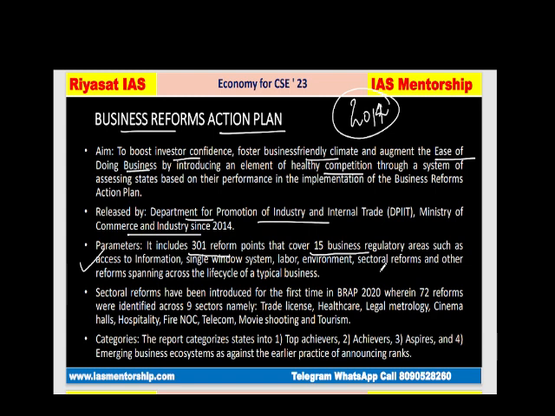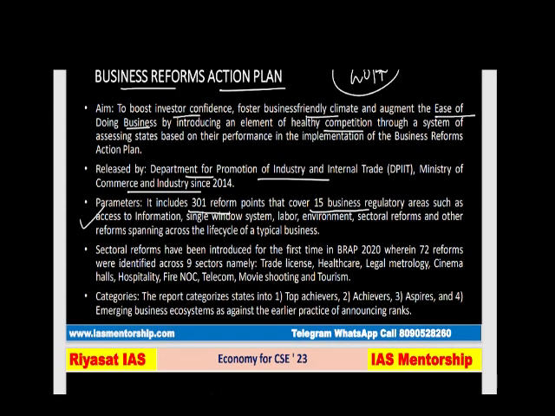Depending upon this Business Reform Action Plan, many reforms have been done, and some sectoral reforms have also been introduced in BRAP 2020, where 72 reforms were identified in 9 sectors, that is trade license, healthcare, legal, cinema halls, etc.